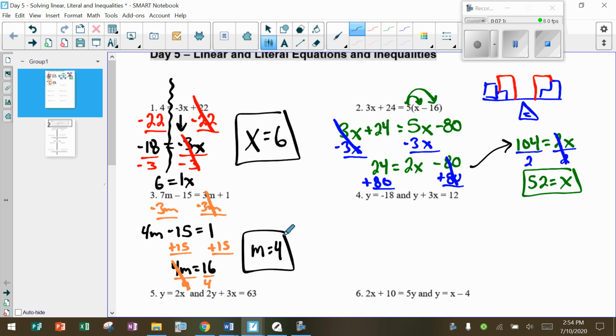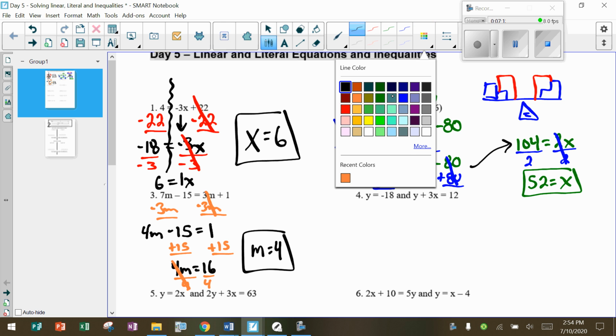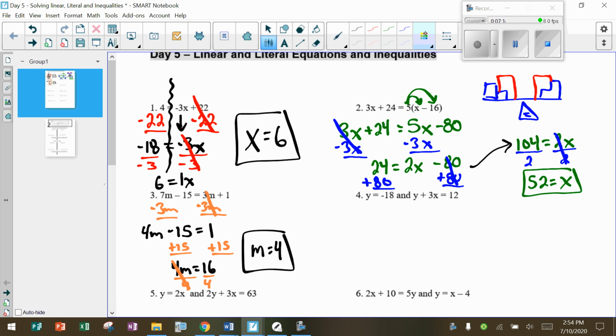Now sometimes you will be given a situation where you have to do a substitution before you can solve. So they're telling you here that y is equal to negative 18, but they give you the equation y plus 3x equals 12. So what we are supposed to do as math students is realize that I can substitute and replace the letter y with the number negative 18.